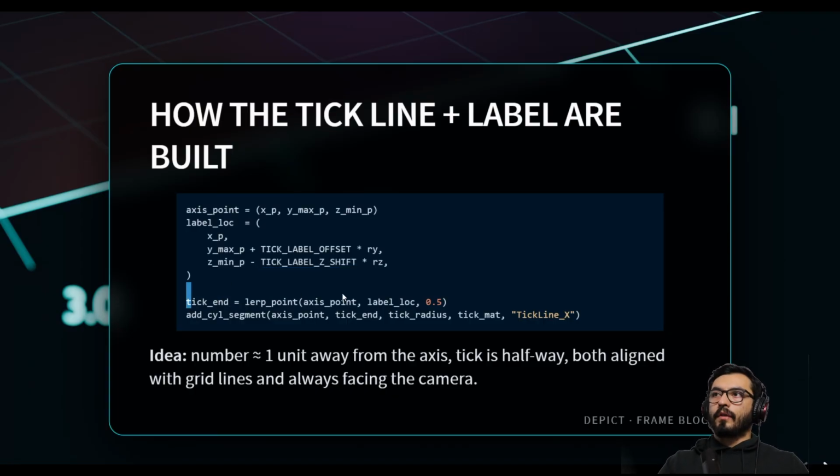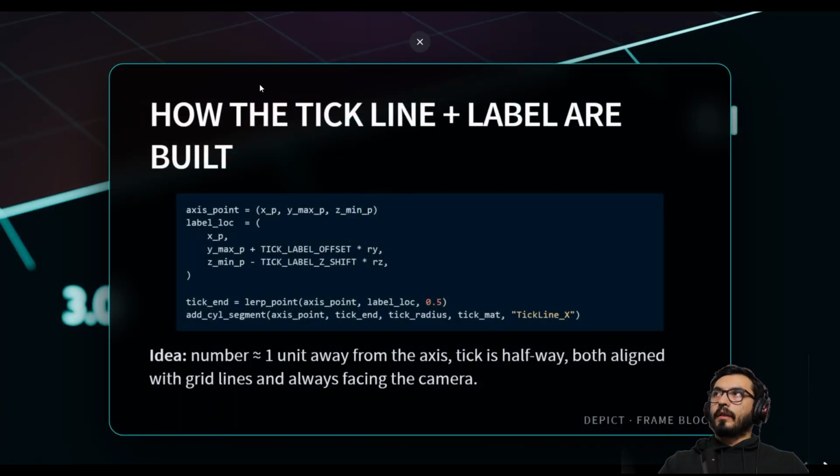And then we just create the tick end at a certain half distance of this distance here. So this is the location of the label, but we will just extend the tick until half of its distance.